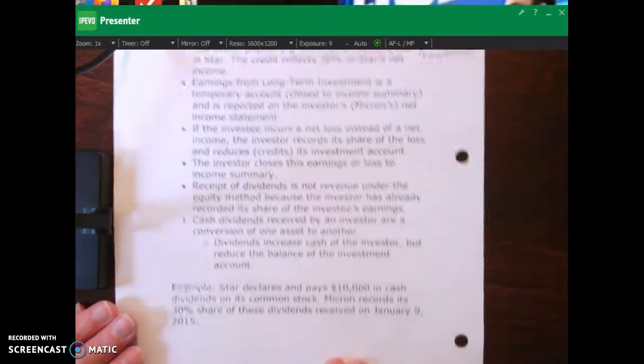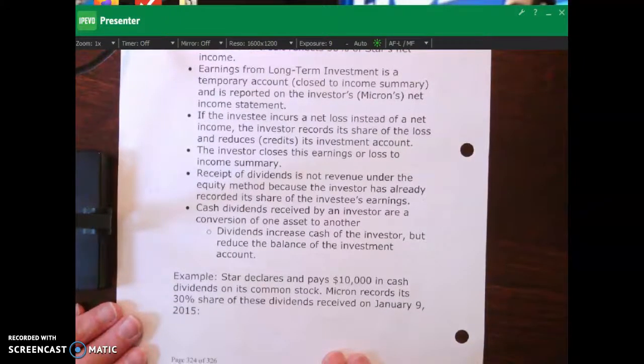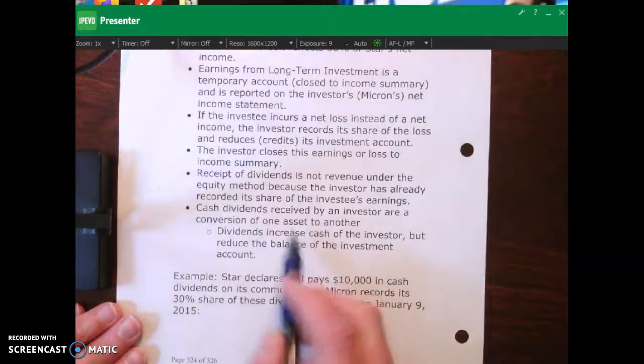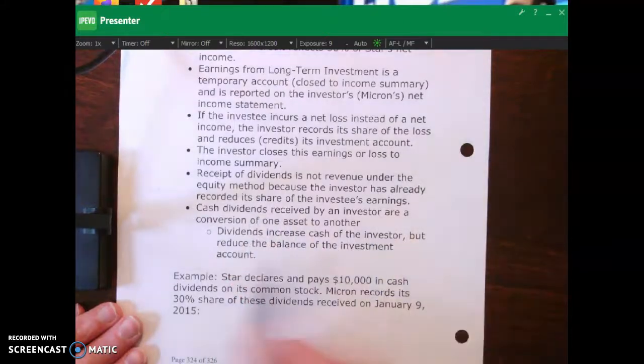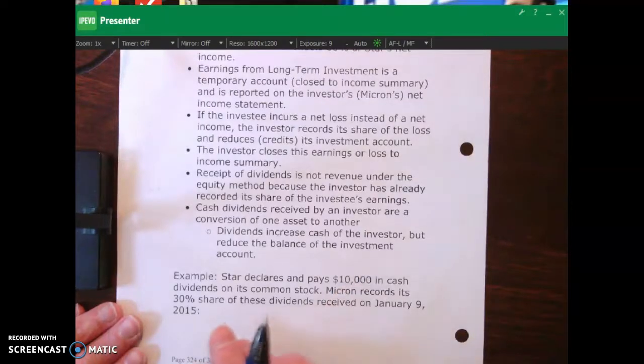So let's look at receiving dividends. Cash dividends received by the investor are simply converting one asset to another. Dividends increase cash, but reduce the balance of their investment account. So it's not dividend revenue, because there's an influential influence here.